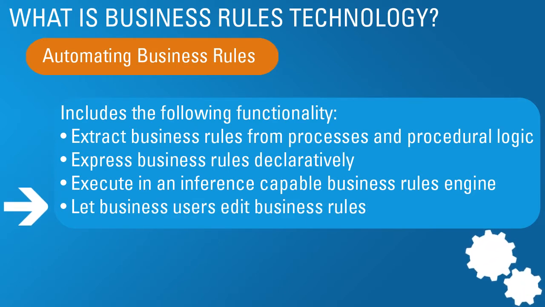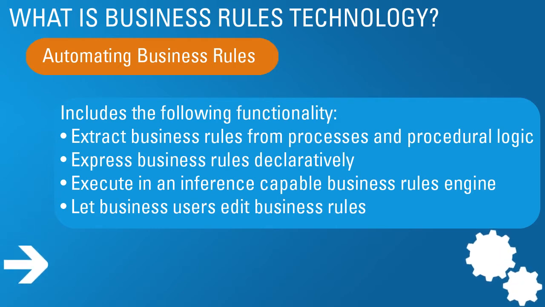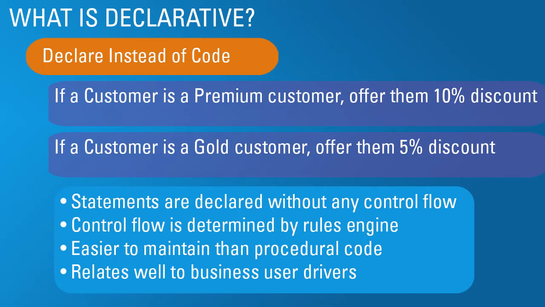The business user is the one who decides when a rule has to change, when a business is changing. So maybe I want to have coupons or discounts at different times of the year. That's a business decision. Your programmer is not making that decision. The decision is up to the business user. So the business user should have access to the rules, should be able to read the rules, and should be able to change the rules.